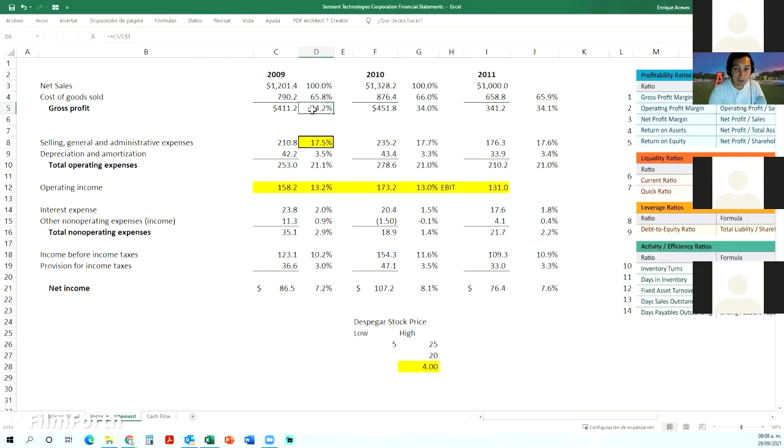So from each sale, you earn 34% of the total amount sold. Once you have that 34%, 21% goes away in expenditure. So your operating margin is only 13%.